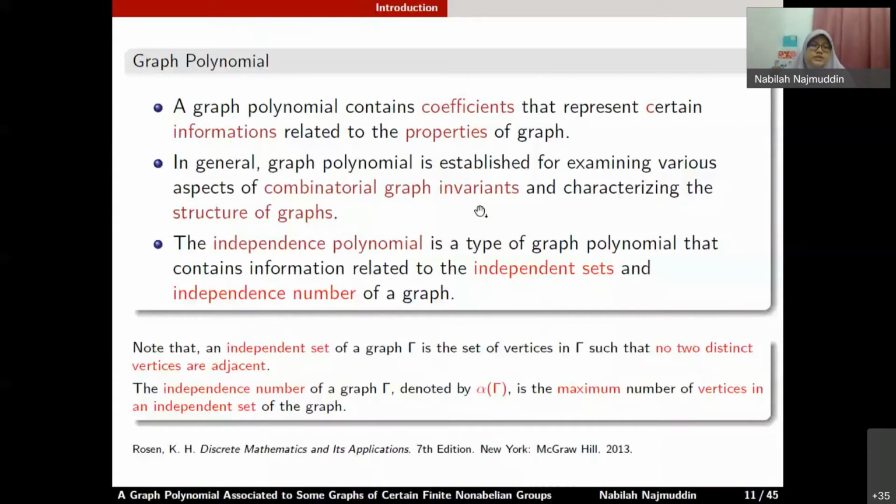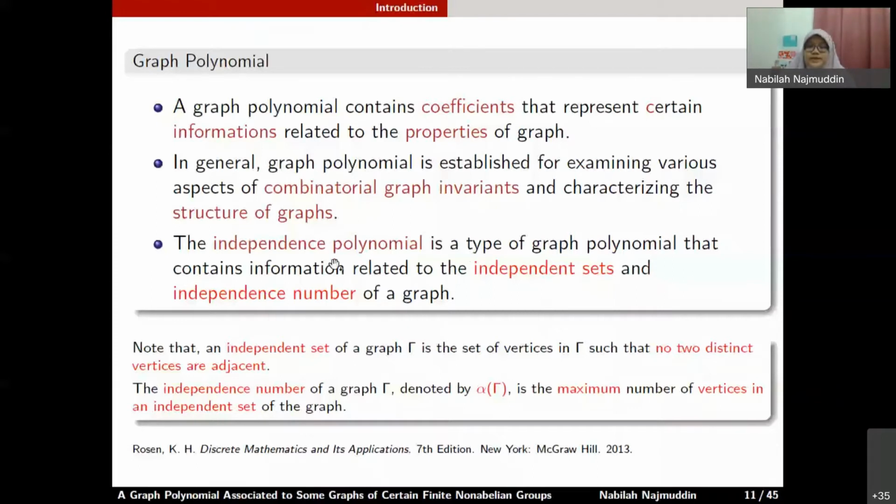In this presentation, for graph polynomial I will include only the independence polynomial. It is a type of graph polynomial in which the information inside the polynomial is related to the independent sets and the independence number of a graph.